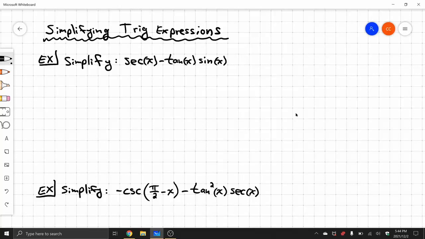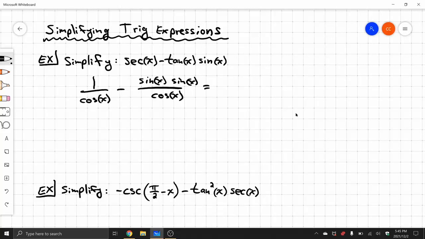Okay, so this first one here, I'm asked to simplify secant of x minus tangent of x times sine of x. Well, let's go ahead and rewrite this in terms of only sines and cosines. So my secant of x here I know is 1 over cosine x, minus tangent of x times sine of x, which is sine of x over cosine of x times sine of x, because my tangent of x is sine x over cosine x.